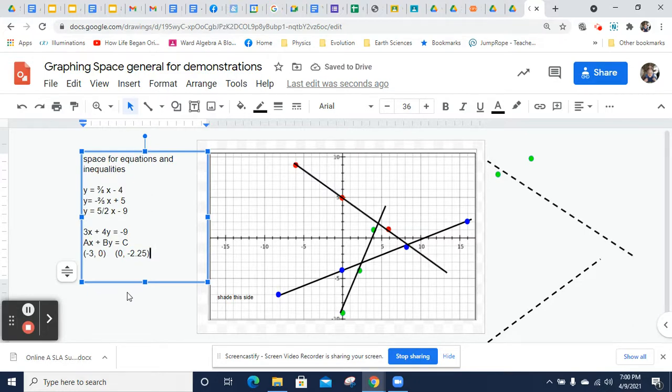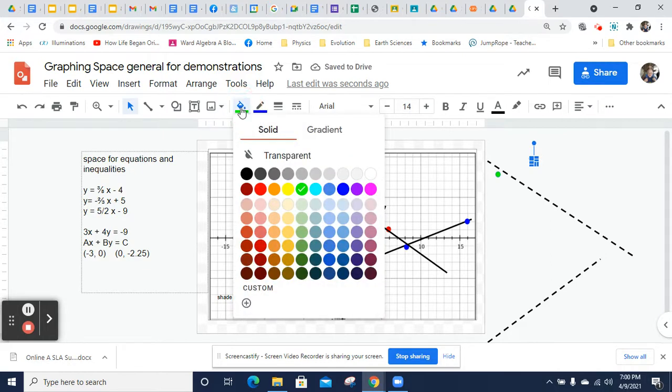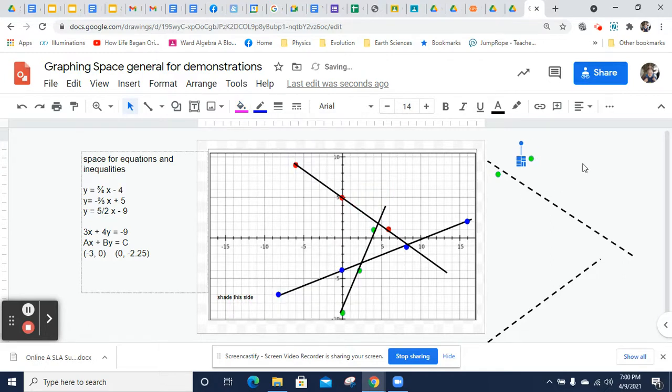You can eyeball it if you have to, but there's another option. So let's grab this point. First thing I'm going to do is plot a different color. Make it purple. And we can plot this as an x-intercept.